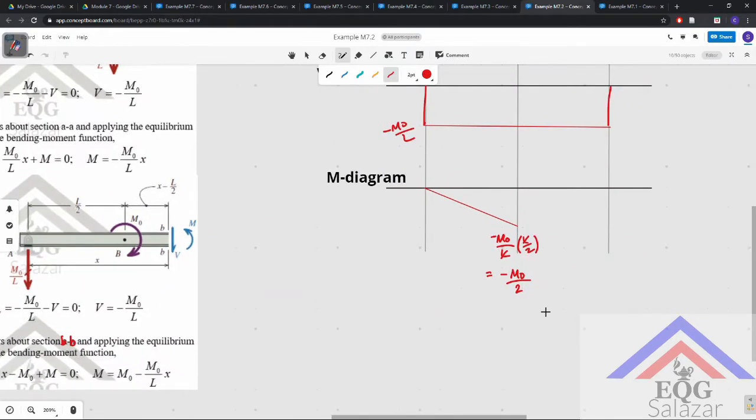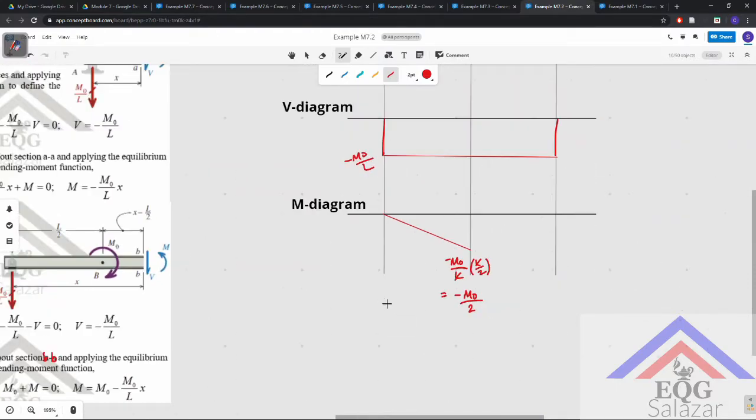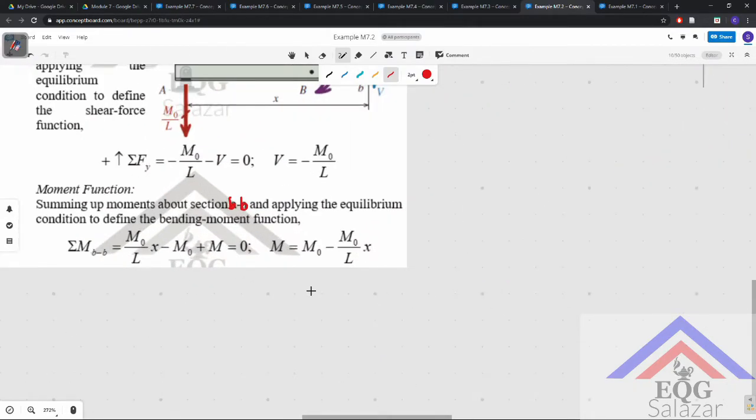So here we have M naught. We'll see what point it is on the moment diagram also. At x equals L over 2, your M is equal to M naught minus M naught over L times L over 2.